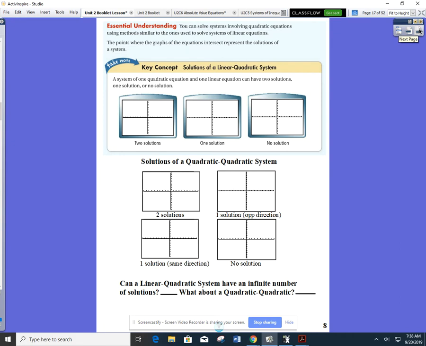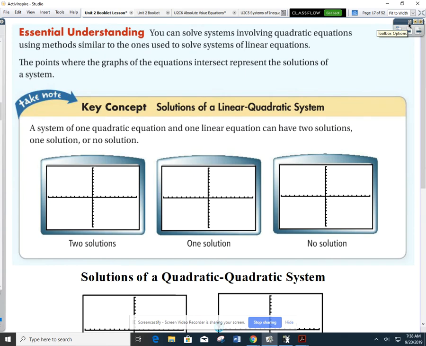All right, we're going to turn to page 8, and we are going to start looking at some different types of systems instead of linear. So you learned linear systems in Math 1, which was graphing or having 2 lines on the same graph, and then you're just looking for the point where they intersect.